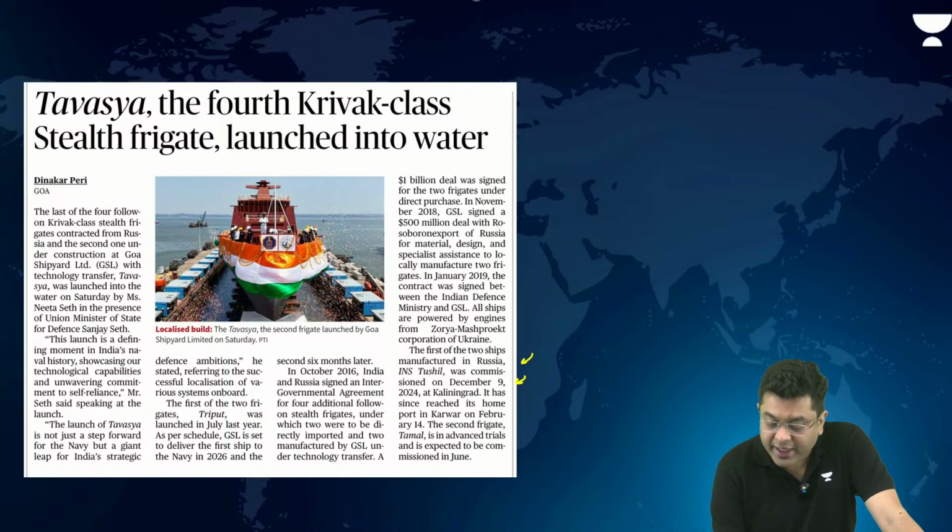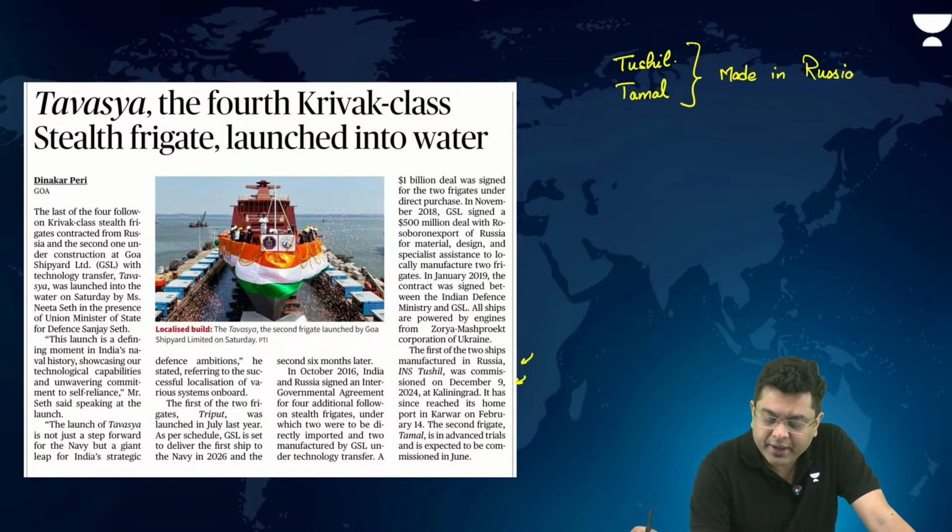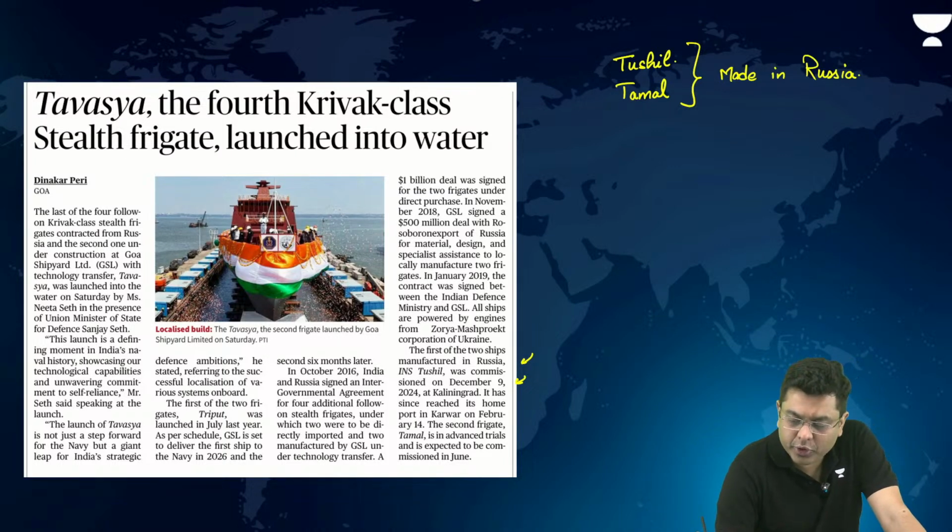The second frigate, INS Tamal, is going to be commissioned in June, right? Both of these are made in Russia, right? And of the other 2, one is Triput and the 4th is Tavasya.